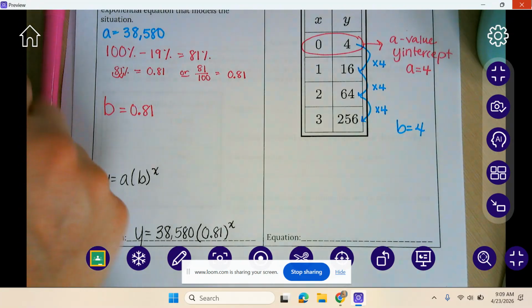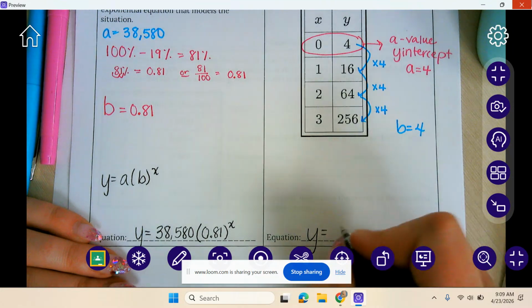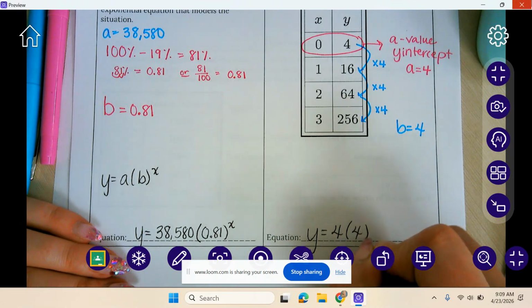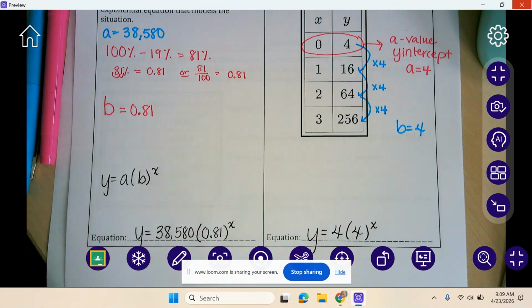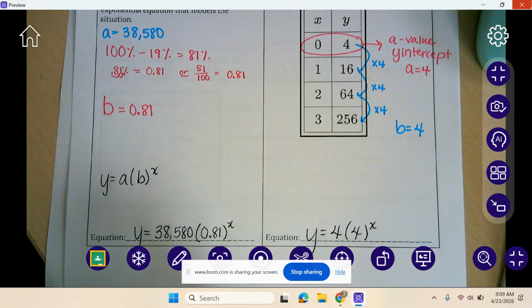So it's going to be y equals A, which is 4, times B, which is 4, to the power of x. Also, you could have thrown this into Desmos and done an exponential regression, but the numbers aren't that complicated, so you can do it by hand.